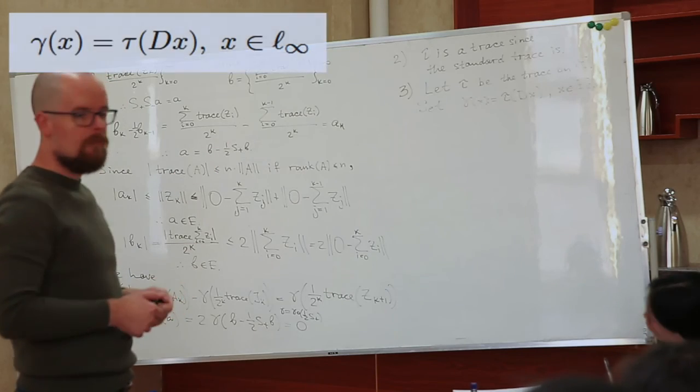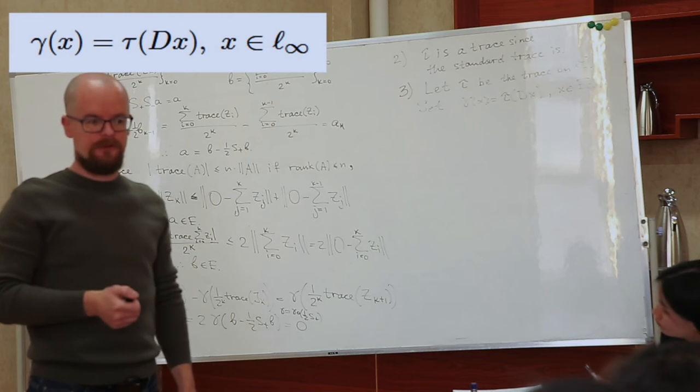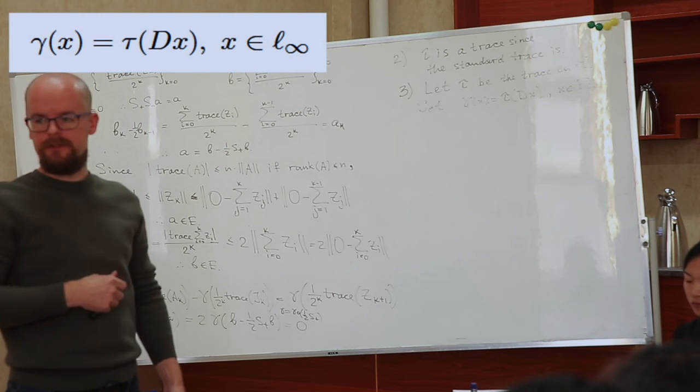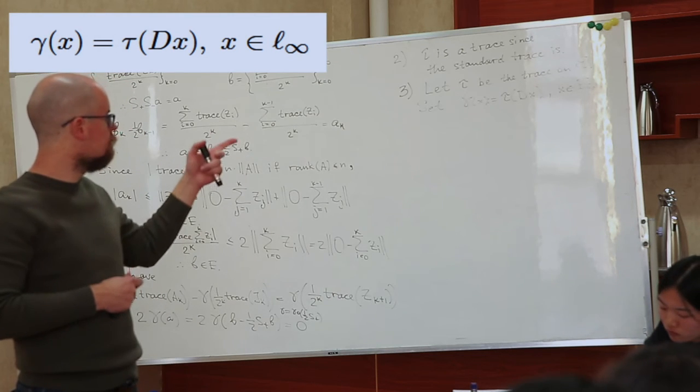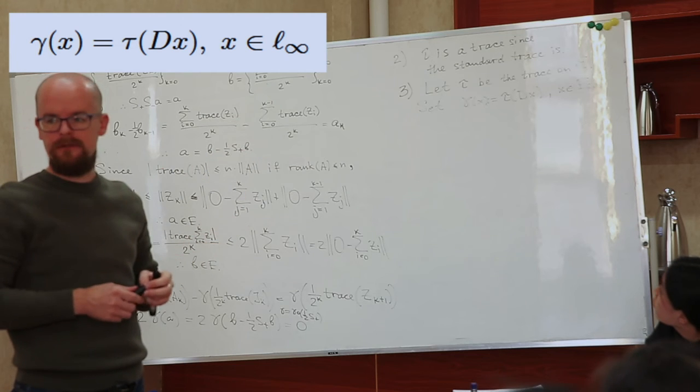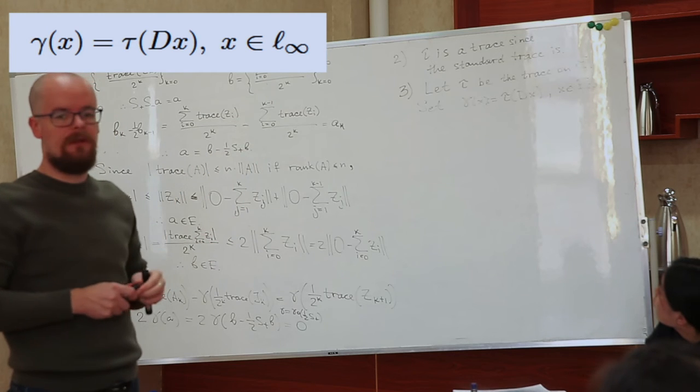Clearly, gamma is a linear functional on straight E, because tau is linear and d is a linear bounded operator.